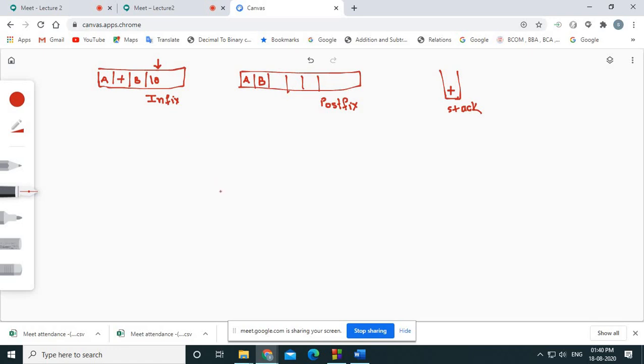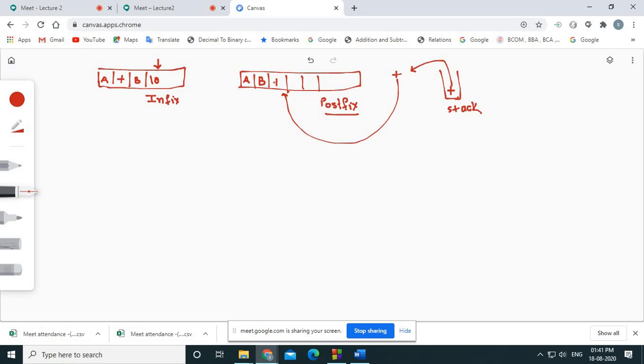So what do you have to do now? Whatever is there in the stack, you have to pop everything and put it into the postfix array. If we do a pop operation, who comes out? It will be the plus operator, and you insert it here. So this will be plus.